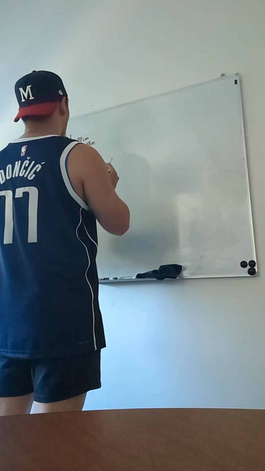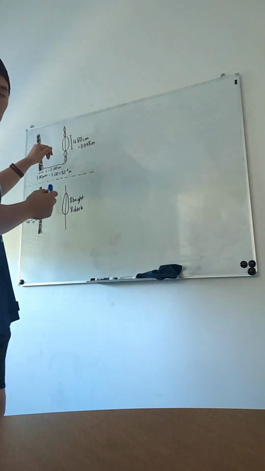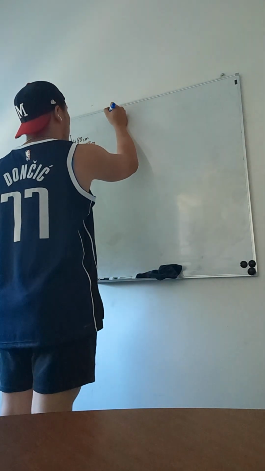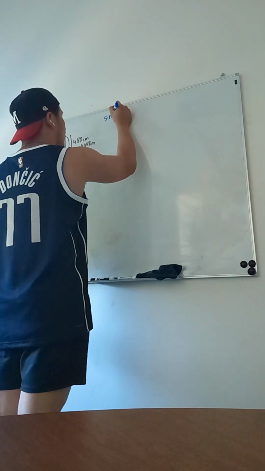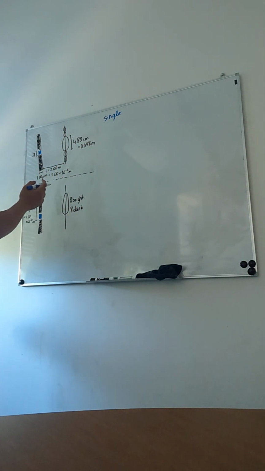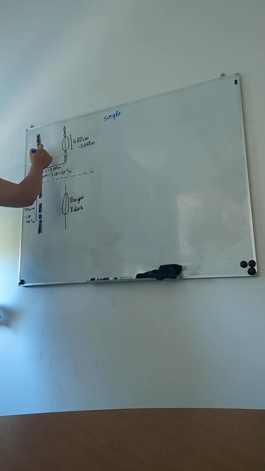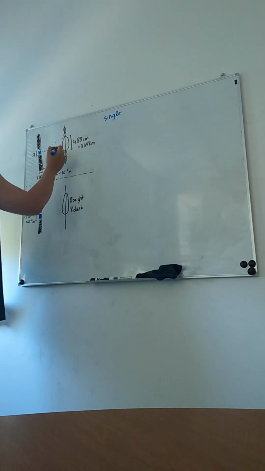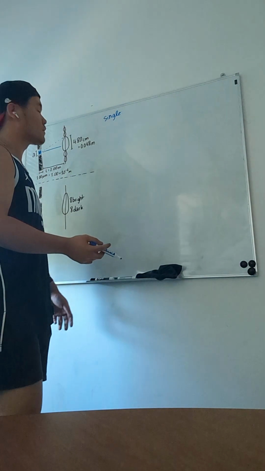Okay, we're going to start with the single slit. Let's just mark it single. So we can see from the situation, if we draw up to the peak of this spot, what we get is basically a tangent situation, right?